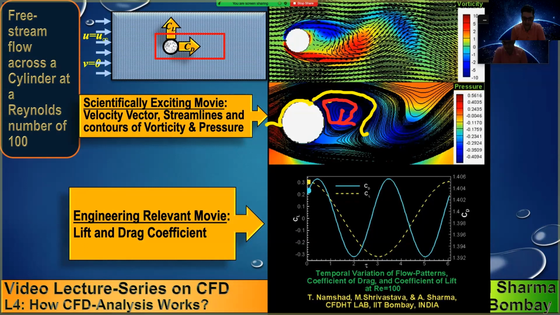You can see that in this case the direction of this vortex is clockwise. So in this case there is a flow separation happening and there is a vortex formation happening. In this picture, the vortex which is shown is a clockwise vortex.